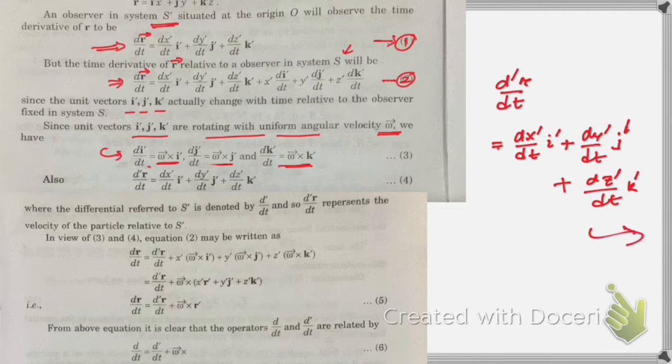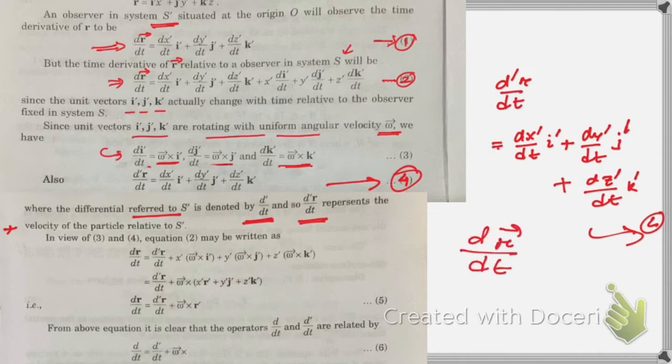This is equation number 4. The differential denoted by dash, d dash by dt, represents the velocity of the particle relative to S dash. We know r is the position vector, its derivative represents velocity, and d dash by dt represents velocity with respect to S dash. So hope you got this.